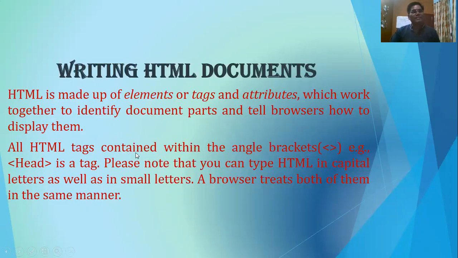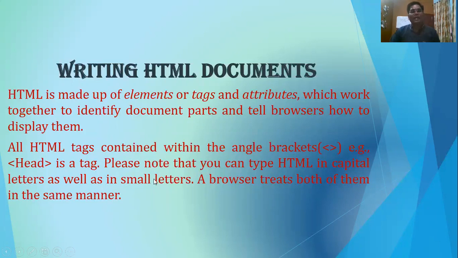All HTML tags are contained within angle brackets. Whenever you create an HTML document, you have to use tags, elements, and attributes, and all those tags are kept within angle brackets. You can see over here, for example, head is a tag.